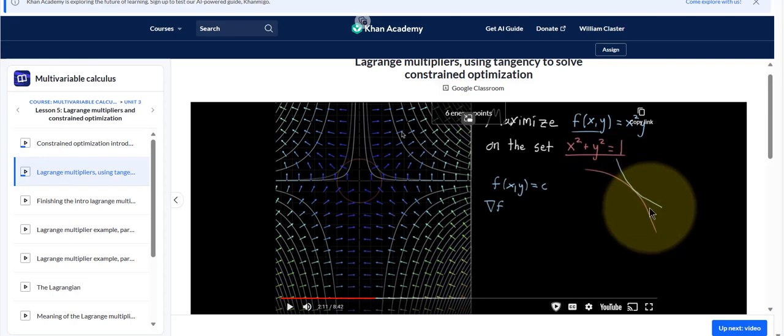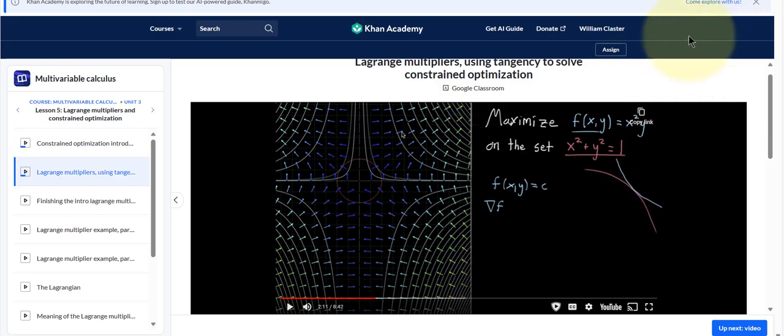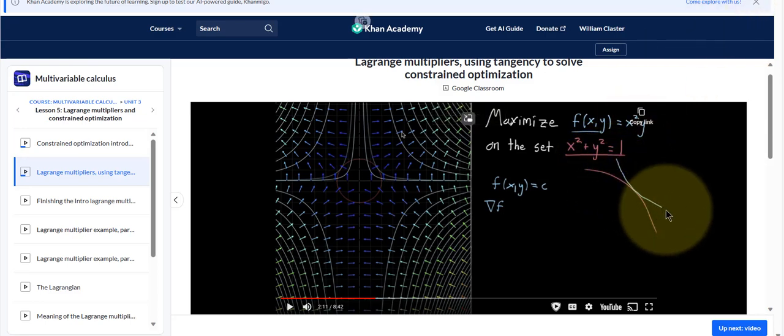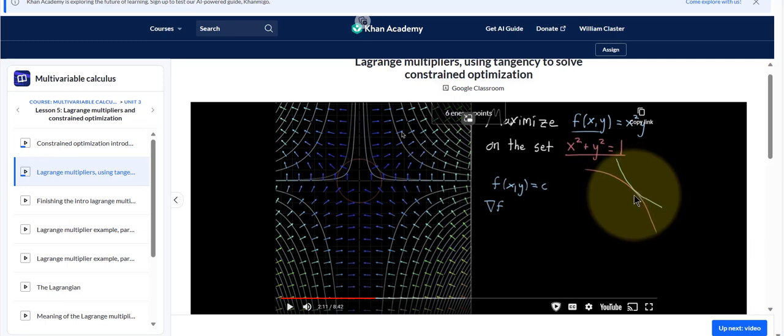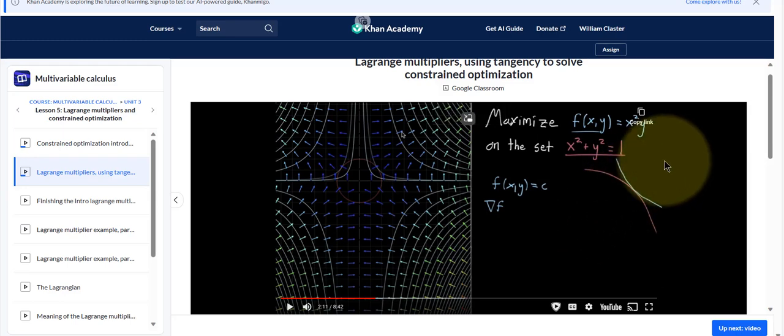So we can rephrase Lagrange's insight. Instead of saying that the tangent lines are the same at this point, we can say that the normal lines are the same, or at least they're in the same direction. Maybe one points this way and one points this way, but they're parallel to each other, or they're multiples of one another.